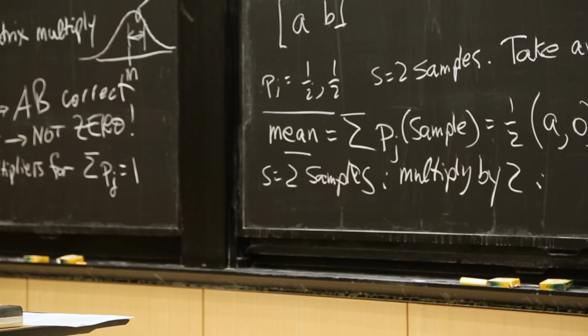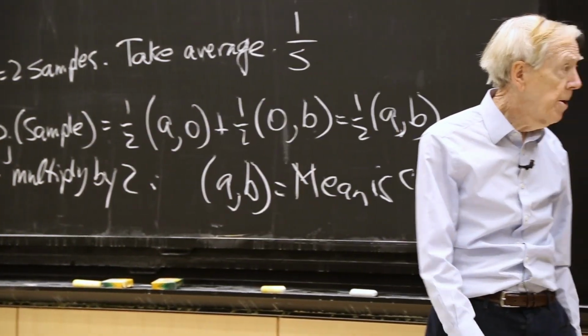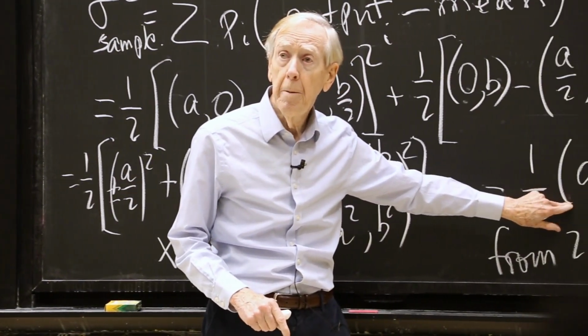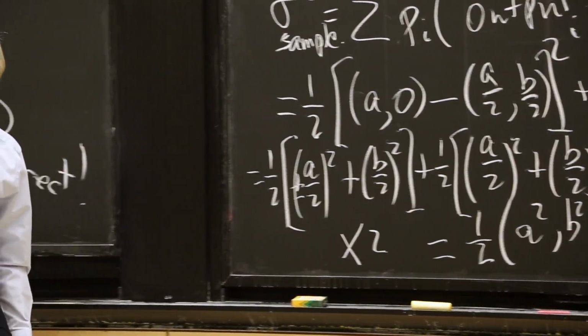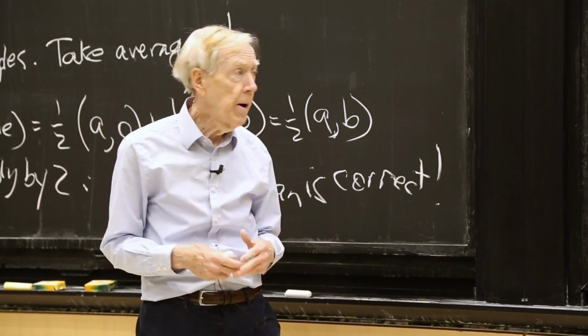Suppose this variance is bigger than we want. Suppose, for example, that B is a lot bigger than A. Then what should we have done differently in this randomized linear algebra?